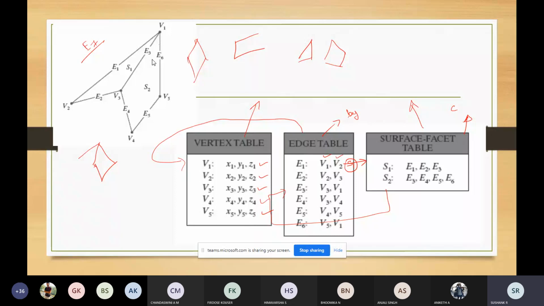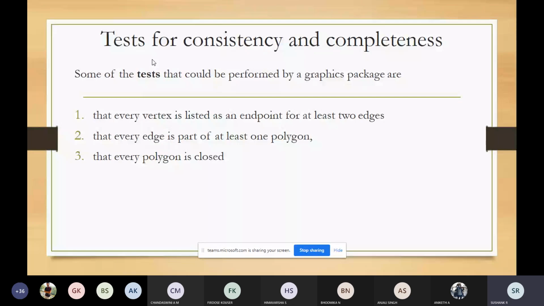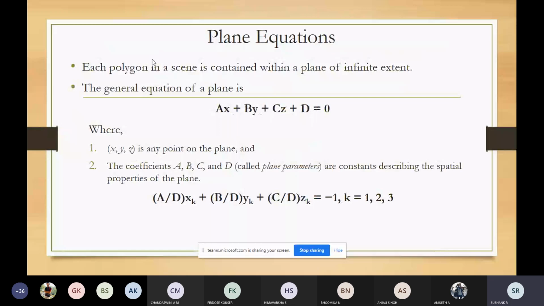The polygon should be closed, every edge should be a part of at least one polygon, and each polygon should have at least one edge which is being shared. So these are the points which we will check for consistency or completeness of a polygon. After this, we'll talk about the plane equations.